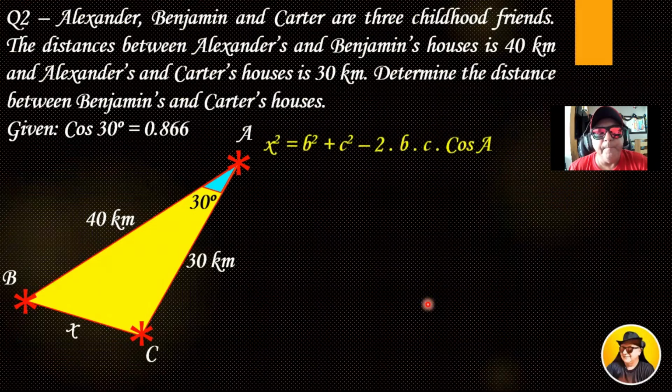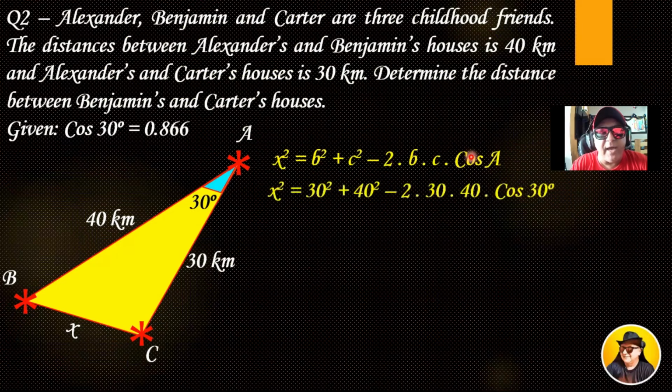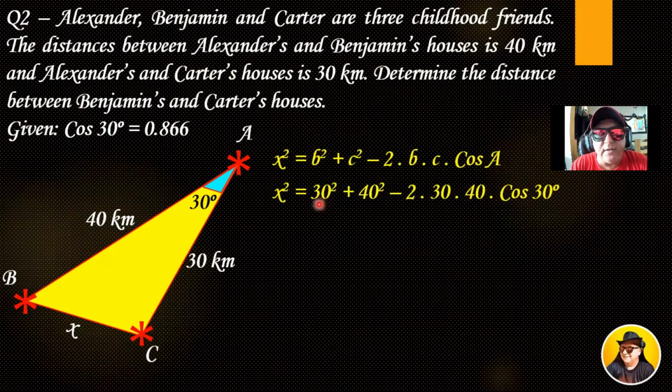Well, so let's apply the cosine law, or the law of cosine. X squared is B squared plus C squared minus 2 times B times C times the cosine of A. Okay, so let's replace the values. So X squared is 30 squared plus 40 squared minus 2 times 30 times 40 times the cosine of 30 degrees.